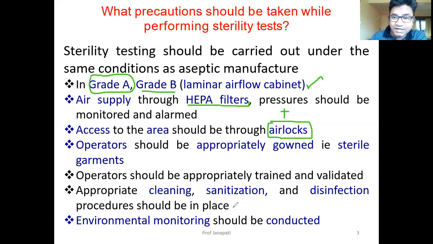It should be done according to the SOP of your industry. Frequently, the air quality should be tested. So that's what we are telling. Environmental monitoring needs to be conducted. So this is the requirement. Still, let us see some more in the next slide.